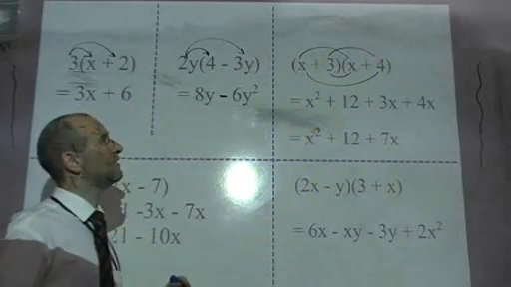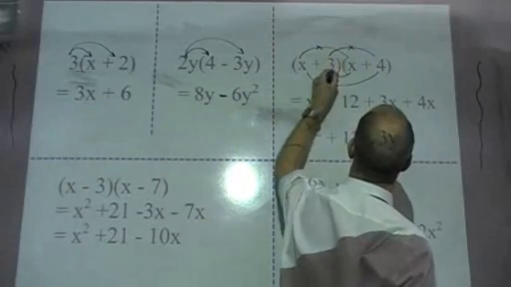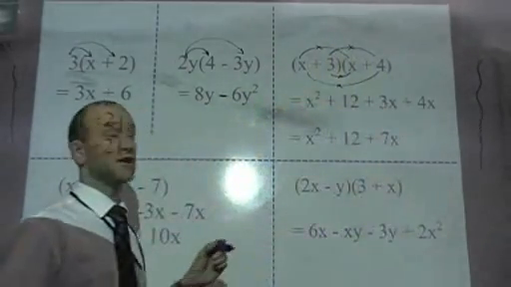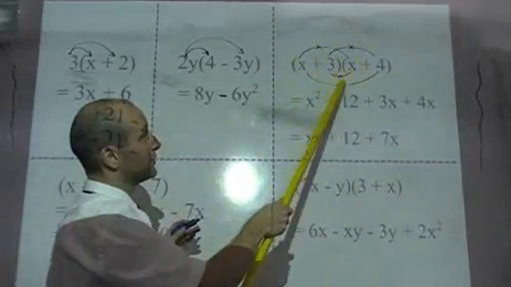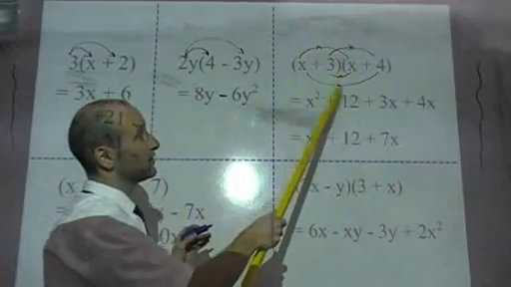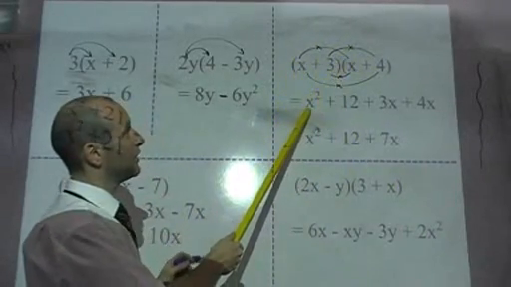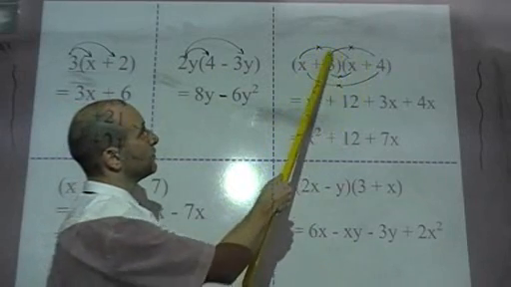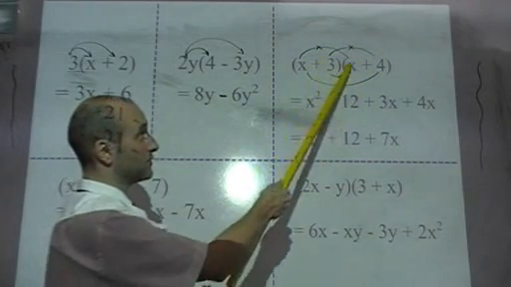Now, we love the smiley face so much, we put little kisses on the lines to remind us that we're multiplying. So we see a double bracket, we draw the smiley face, the 2 eyebrows, the nose and mouth, we put little kisses on the lines, and then we multiply. x times x is x squared. That's eyebrow 1, eyebrow 2, 3 times 4 is 12, and then I do the nose and the mouth.